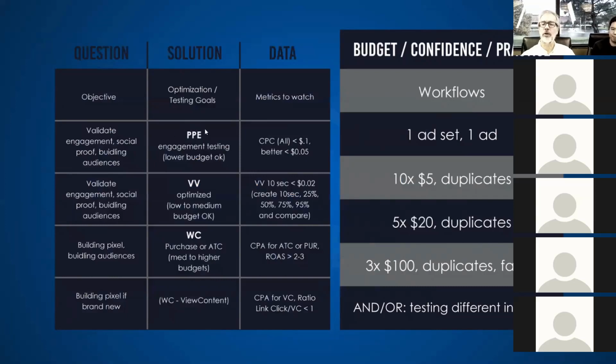So even for $5 at 5 cents a pop, you're going to get 100 engagements, and so that's good. That's a larger number than you're likely to get purchases for $5.